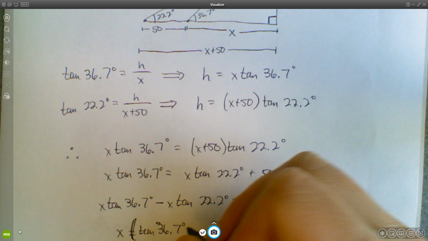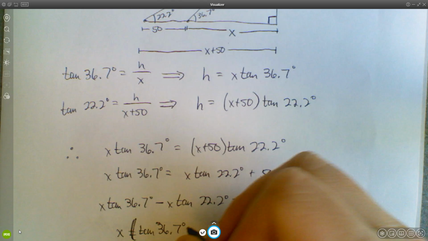But anyway, your goal is to find h though. The good news is that now that you have x, you can plug it in here to find h, or you could plug it in here, but I think this is a slightly easier formula to use. So I'm going to say h equals x times tangent of 36.7 degrees.